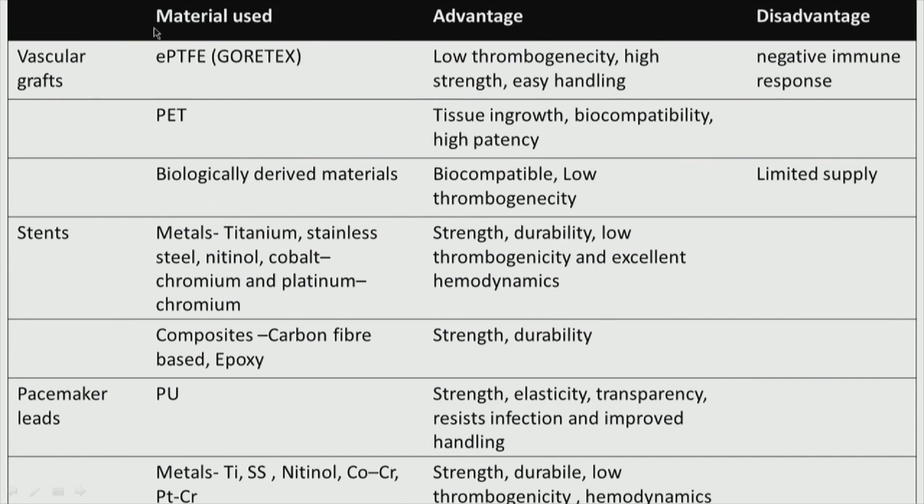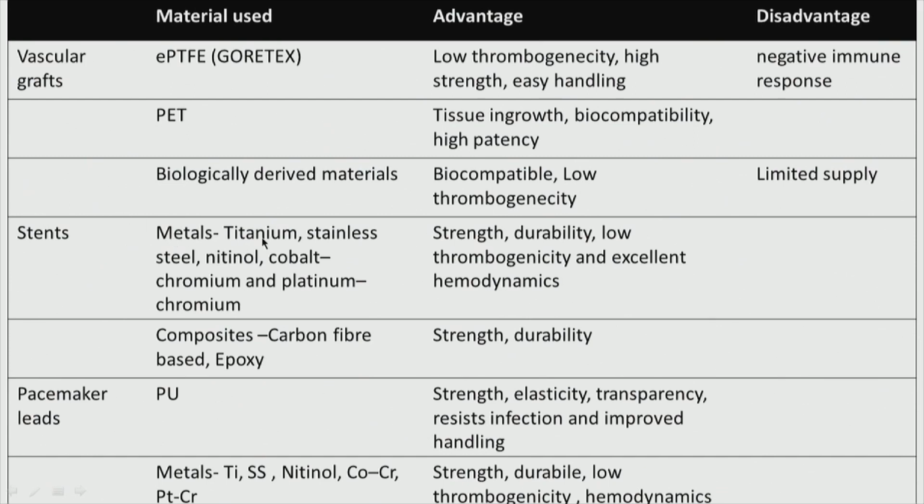Let us look at vascular grafts. PTFE is used, low thrombosis, high strength, of course disadvantages, immune response. PET, tissue ingrowth, biocompatibility is a problem. Biologically derived material is very good, but limited supply. Stents, a lot of metals are used.